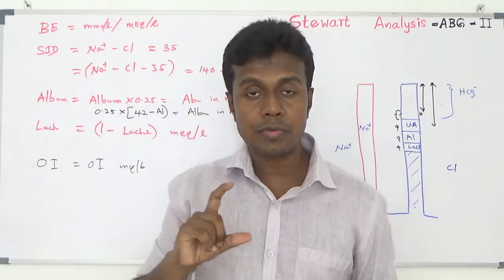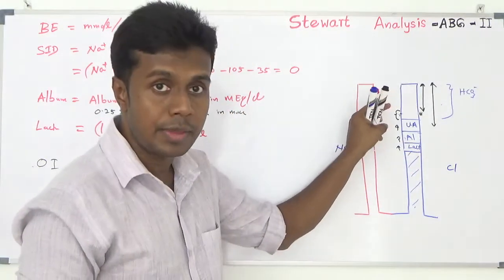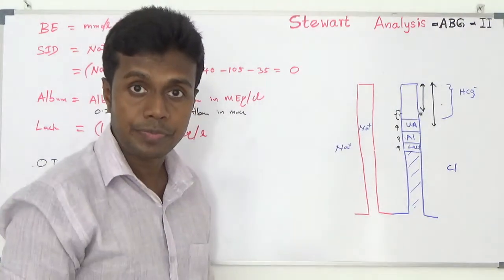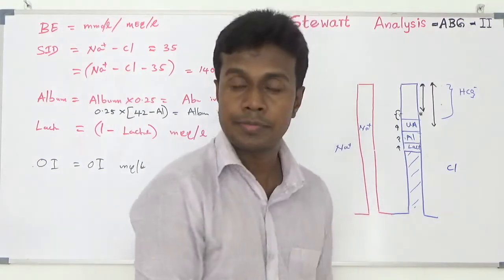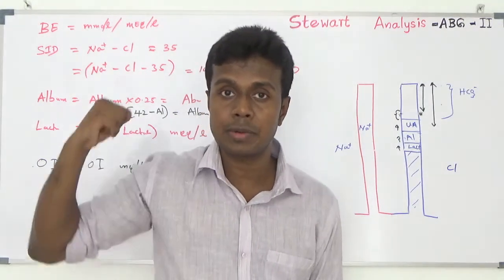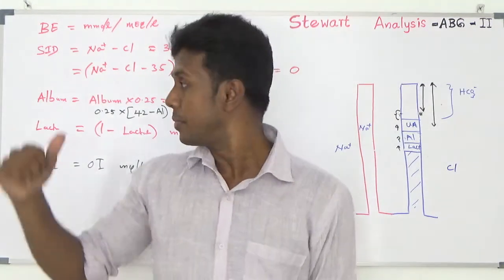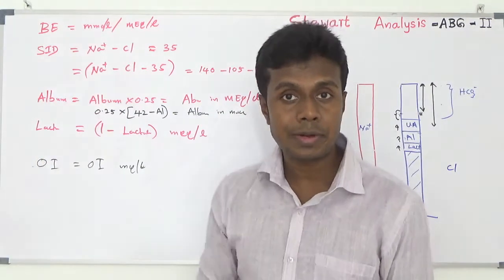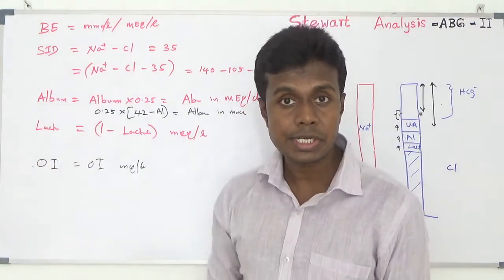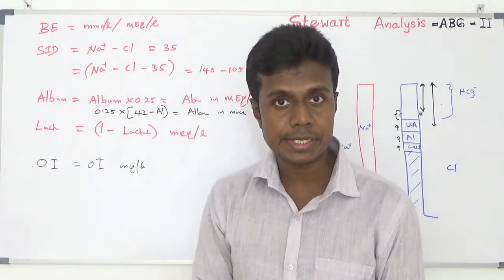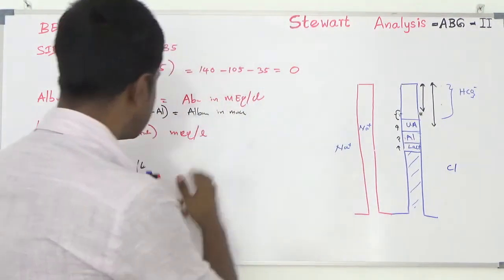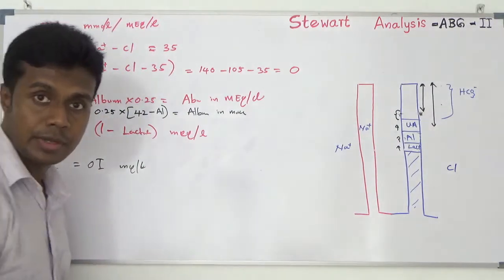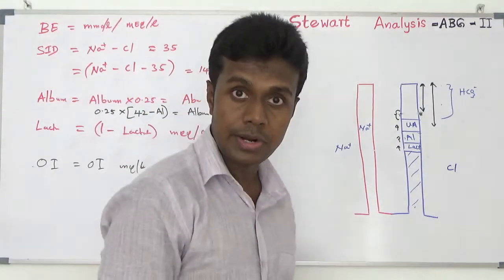That accumulation or reduction of additional amount must be equal to the reduction or increment of strong ion difference, reduction or increment of albumin level, and lactate level change or other ion change. If so, this total equation I can write like this.